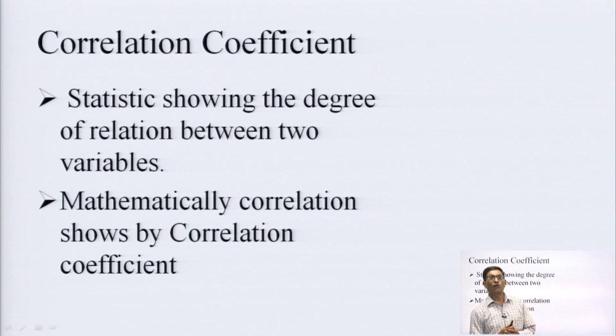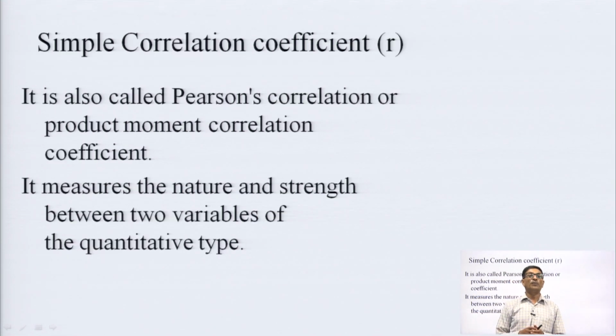Now, we find the correlation coefficient mathematically. To measure the correlation between two variables, we calculate the correlation coefficient. Correlation coefficient is a statistic that shows the degree of relationship between two variables. It is defined by small letter r, and it is also called Pearson correlation or product moment correlation coefficient.